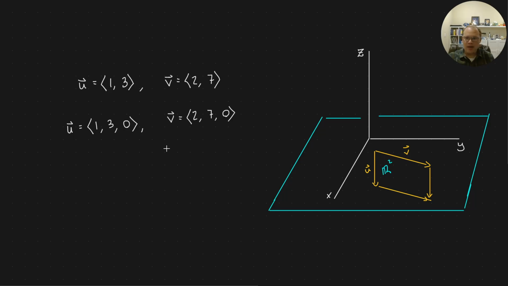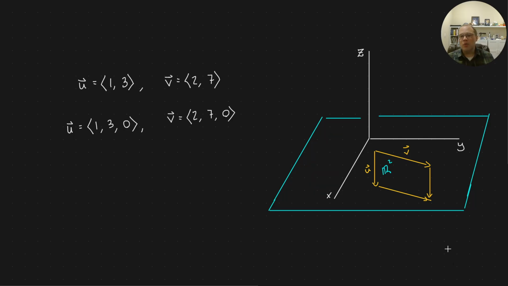But if I think about u and v as three-dimensional vectors, I could take the cross product of those three-dimensional vectors and find the area of the parallelogram. The area of the parallelogram in three-dimensional space is going to be the same as the area of the parallelogram in two-dimensional space because it's essentially the same parallelogram. Okay? It's embedded in this two-dimensional plane.